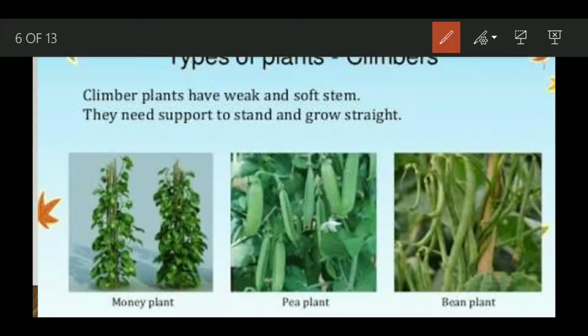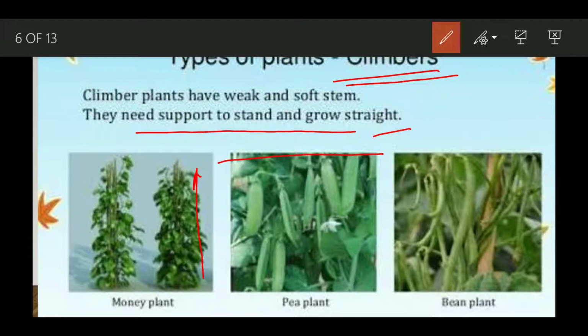Then the next one is climbers. What are climbers? Climbers are plants that have weak and soft stems. They need support to stand and grow straight. Students, here is the basic difference between creepers and climbers: creepers always creep on the ground, moving by holding the earth's surface, but climbers always move vertically by holding any kind of strong support.